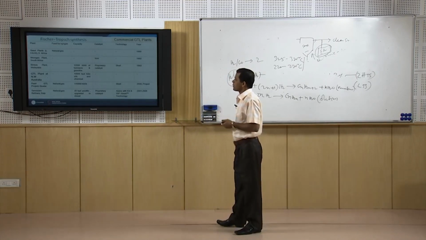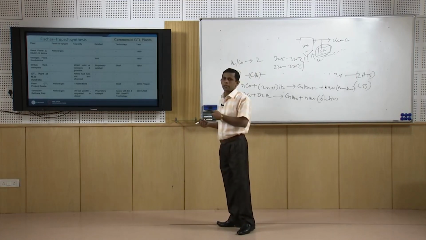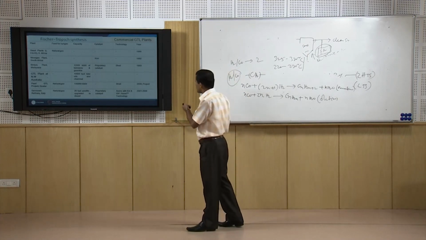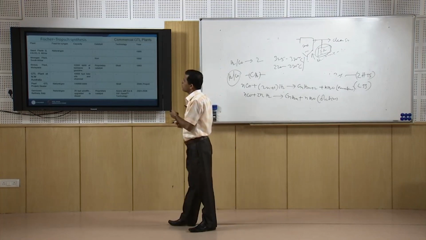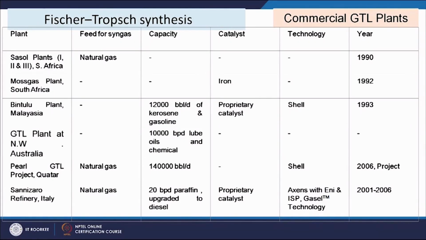Next we will see some applications of syngas for different purposes. The Sasol plant in South Africa, a natural gas based plant, was established in 1990, and all of these are for FT synthesis.